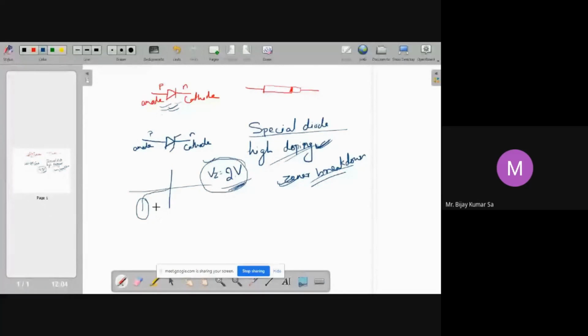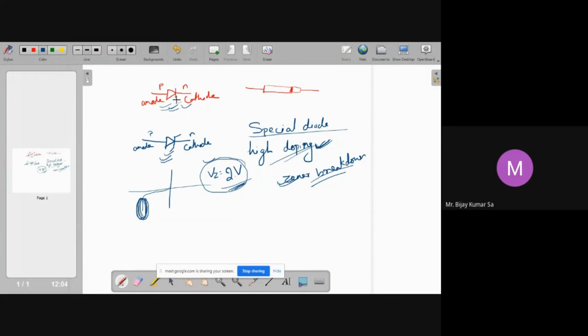And you just keep in mind that this zener diode can be operated in this zener region without worrying much about how long I can do it without damaging the diode. These zener diodes are designed to be operated in this zener breakdown region only. Normal diodes cannot be operated there for long, not even for a minute.